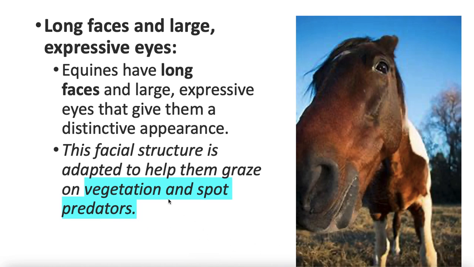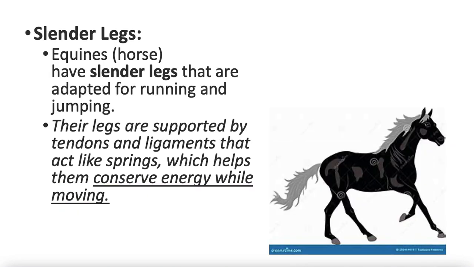This is the quality of the horses that it can spot its predator from both left and right side, and in front it's obvious that it can look in front. So these expressive eyes have a great advantage in order to get rid of the predators.